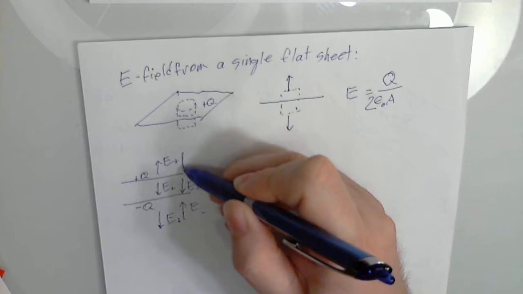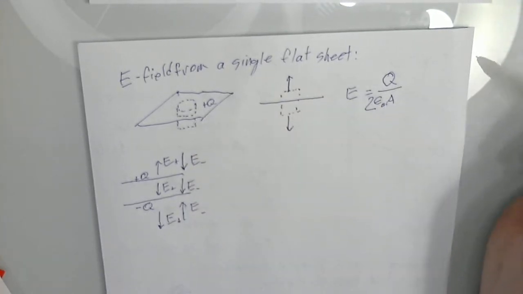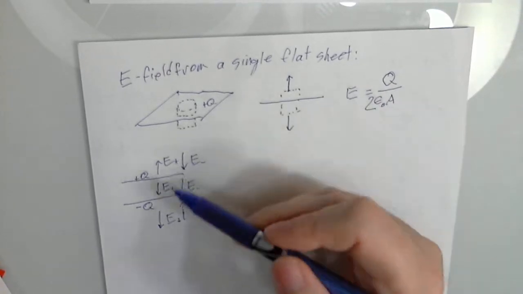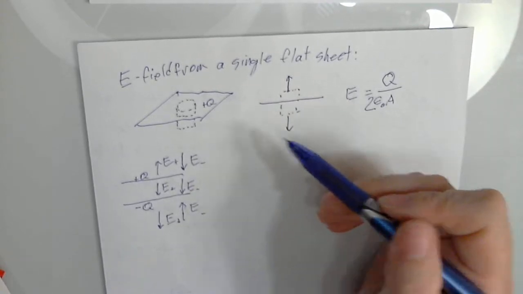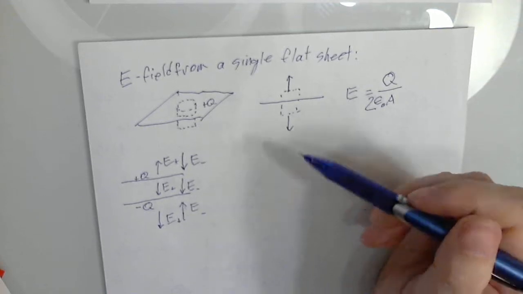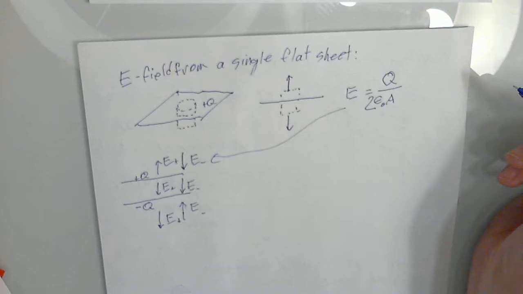And that's also going to exist on the far side of the positive sheet as well. Since the magnitude of both charges are equal, the magnitude of the electric field from the positive one is the same as the negative one, and it doesn't change with distance, so it doesn't matter how far we are, we'll always have the same electric field, which is given by that expression.